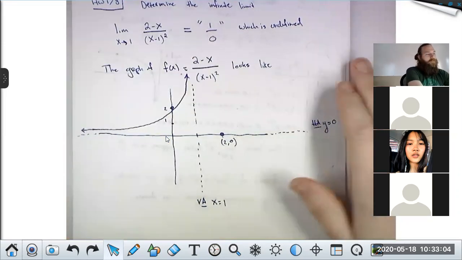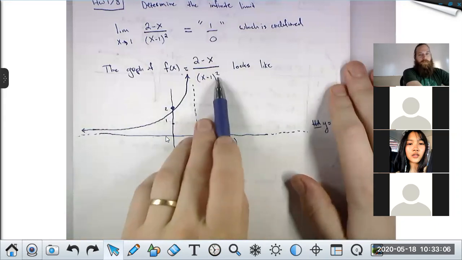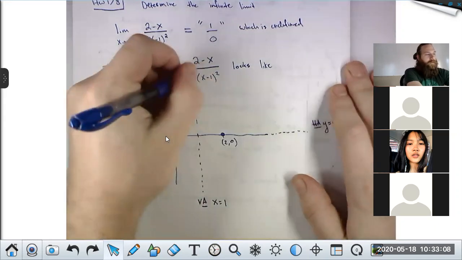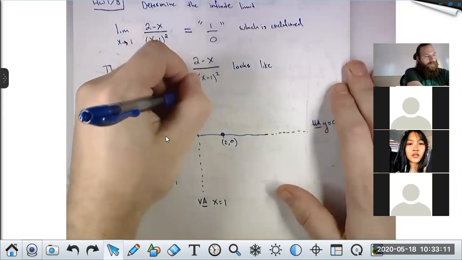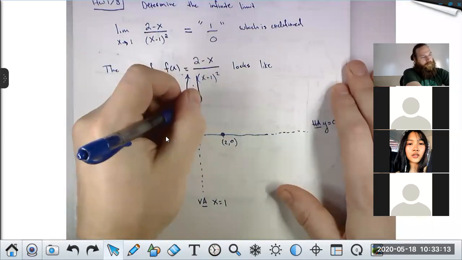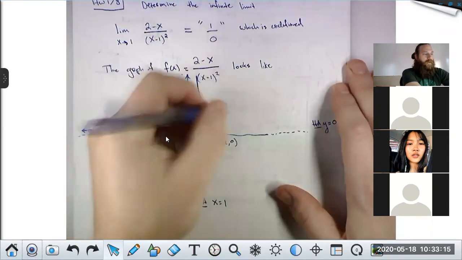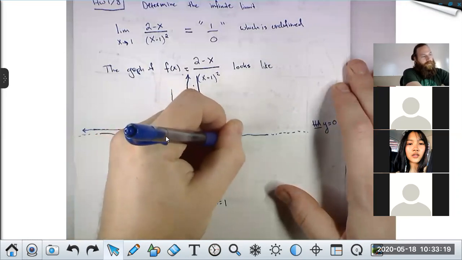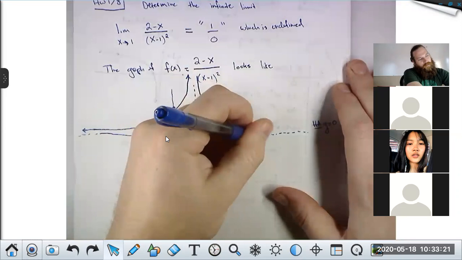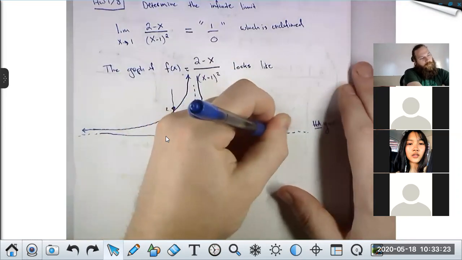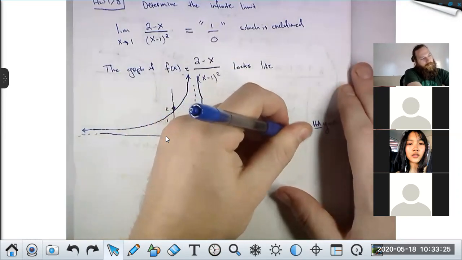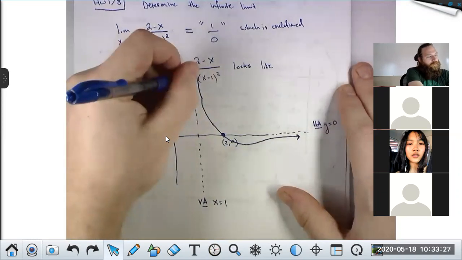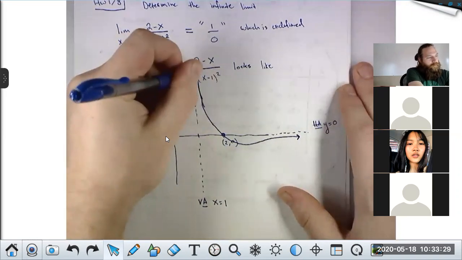And then since this vertical asymptote is coming from a multiplicity 2 factor of the denominator, he won't change sign as you hop over the VA. But he does have this x-intercept here, and then he comes back and settles on this horizontal asymptote like that. So here's a good sketch of the graph of this function.